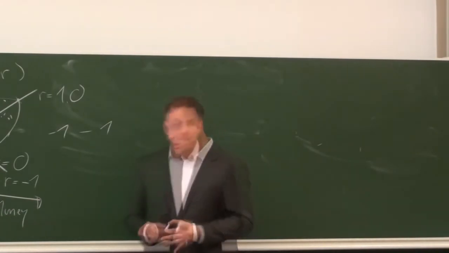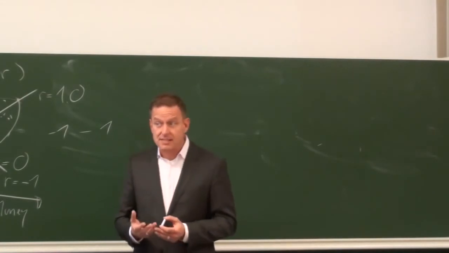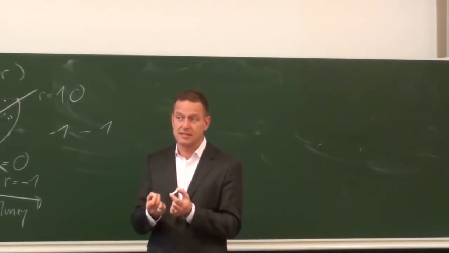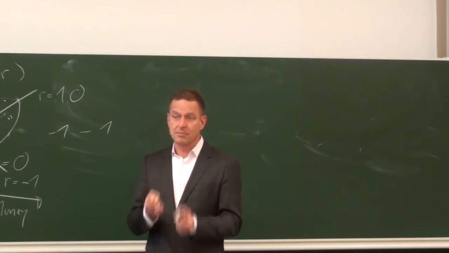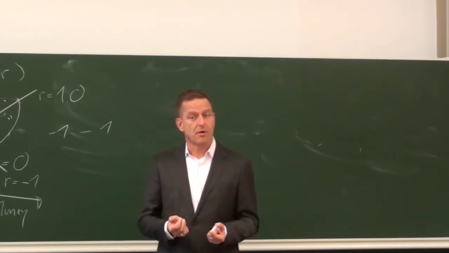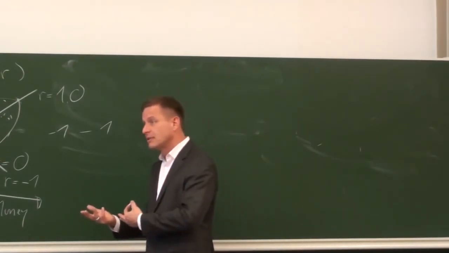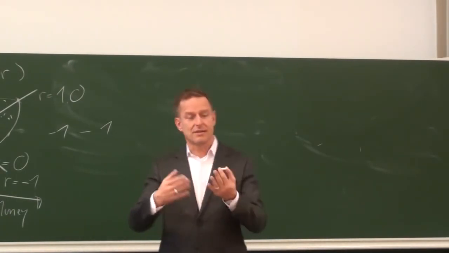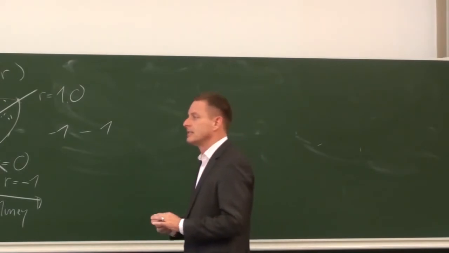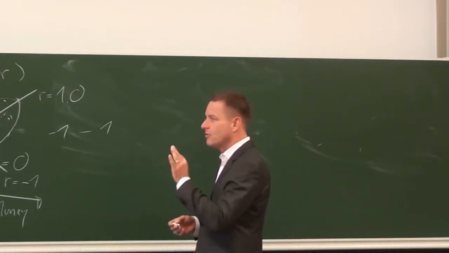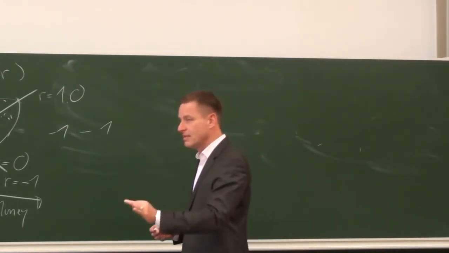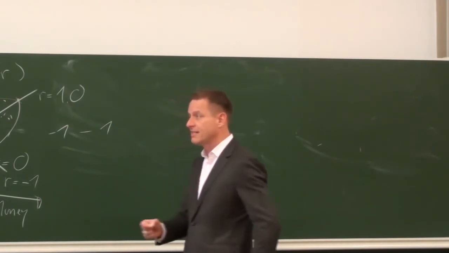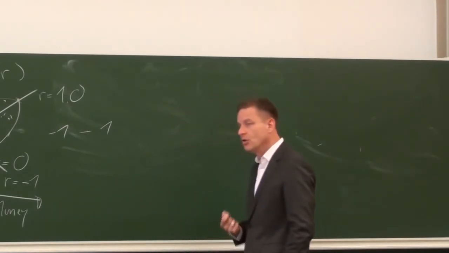To give you an example, we have intelligence tests, but do the intelligence tests really measure intelligence or maybe something else? Does a personality test really measure personality and not something else? Okay, does the method really measure what it is supposed to measure? That's validity, Gültigkeit.